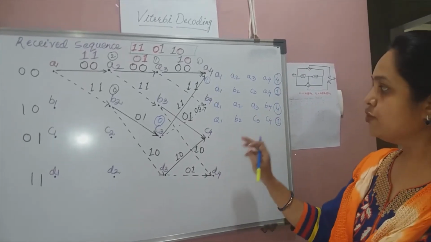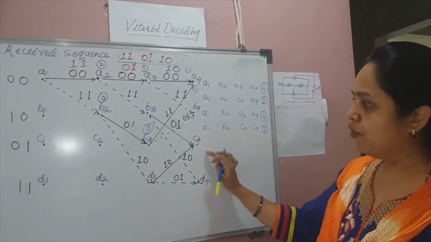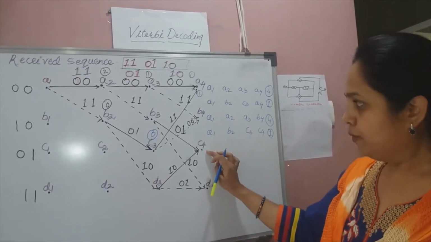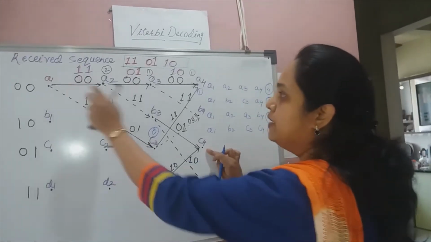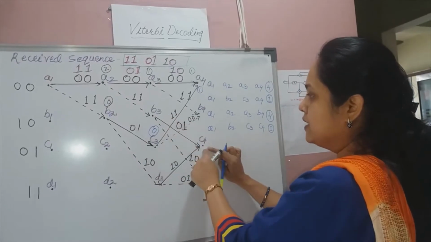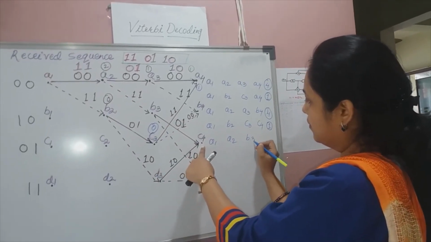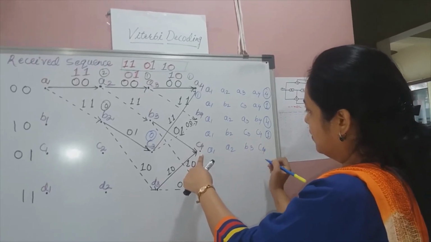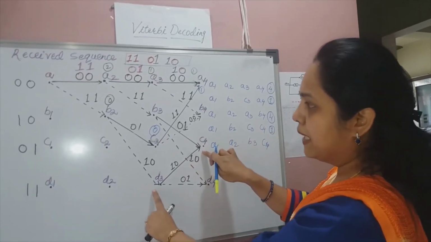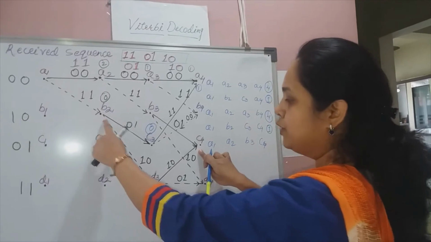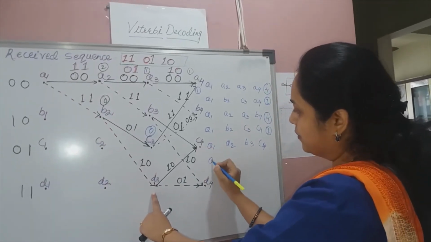So on, we have to go on writing the paths for node C4, which is A1, A2, B3, C4. Similarly, the second path here is A1, B2, D3, C4.